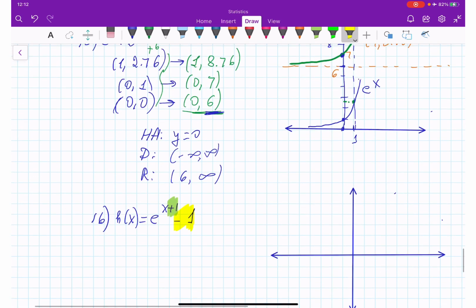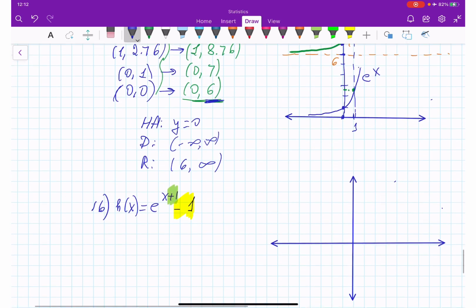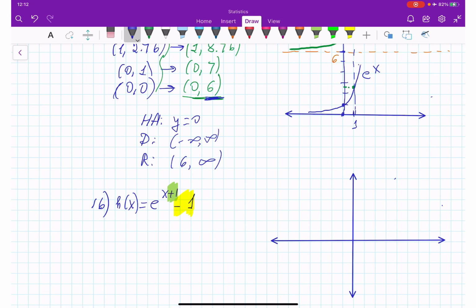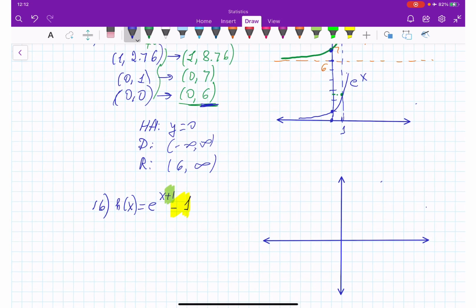Let me write down these coordinates that we got, so you won't forget where we got these points. 0 and 1 point. I'm building e to power x. So if this is 1, 2, 3, this is 2.72, and here is 1, right? So this is my e to power x.